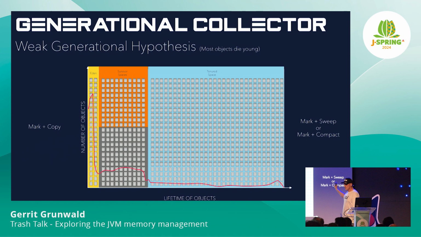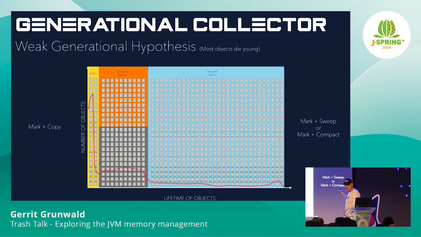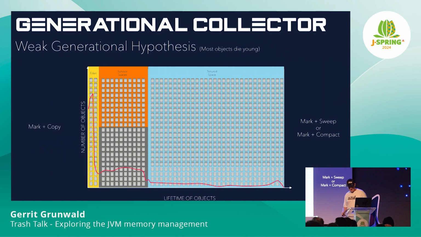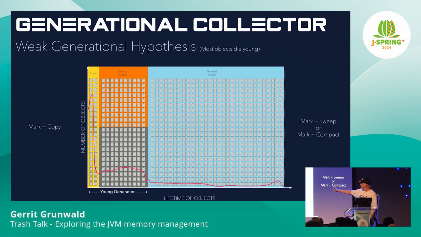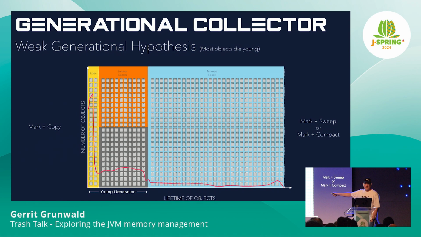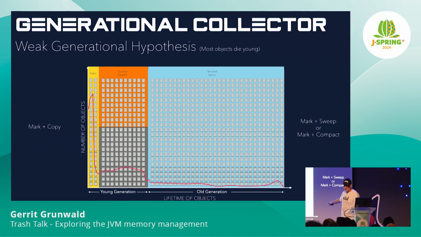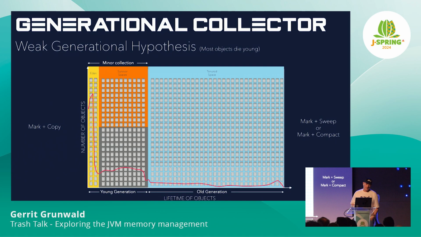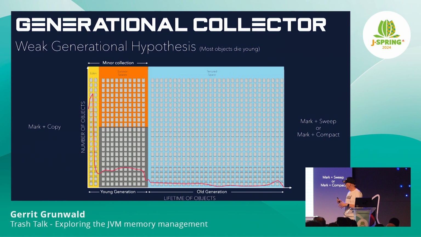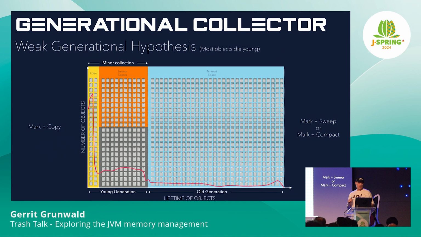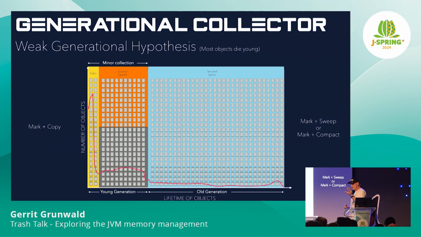So garbage collection in this space will take some time before we get there. That's the big advantage here. So that means we have the young generation, which is Eden and the survivor spaces on the left side, and then we have the old generation, which is the blue part on the right side. If we talk about collections, if someone talks about a minor collection, it always means Eden and survivor.